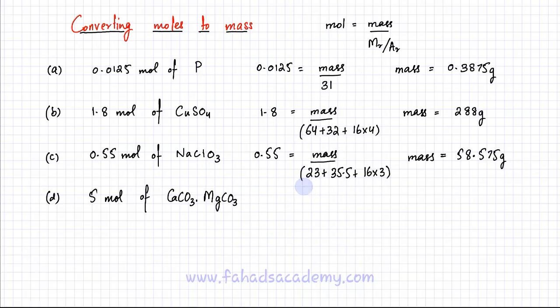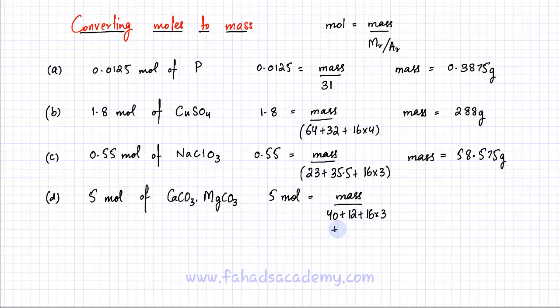So this would be equal to 5 moles, which is equal to mass divided by the MR, which in this case is going to be 40 plus 12 plus 16 into 3, which is 48, and then I'm going to add magnesium to it.